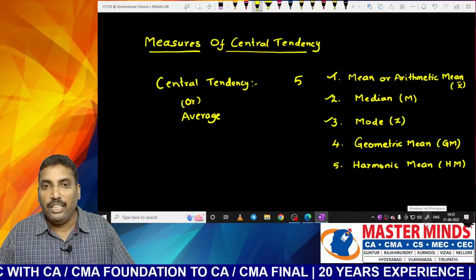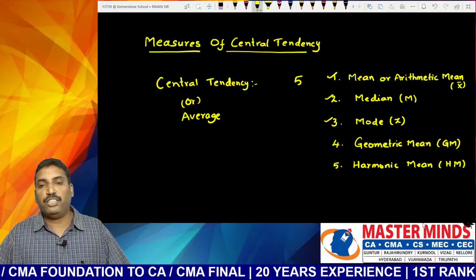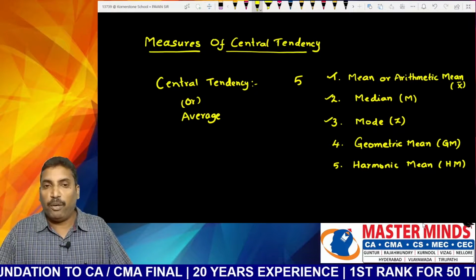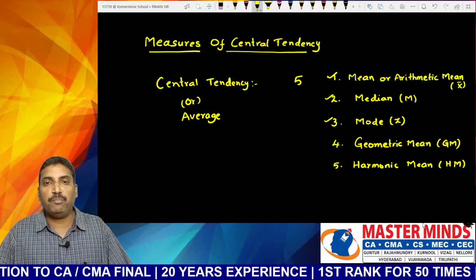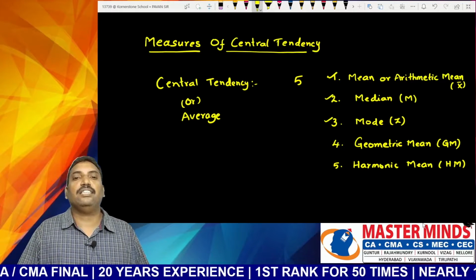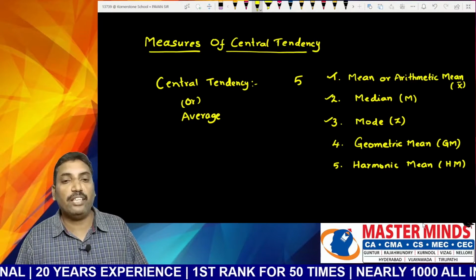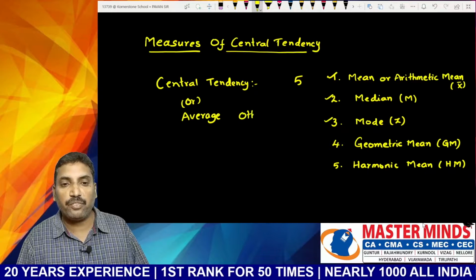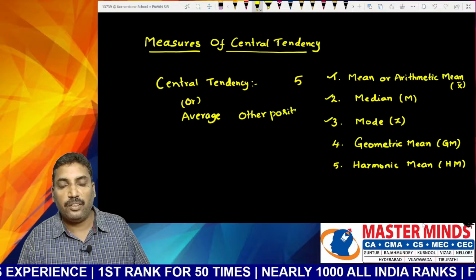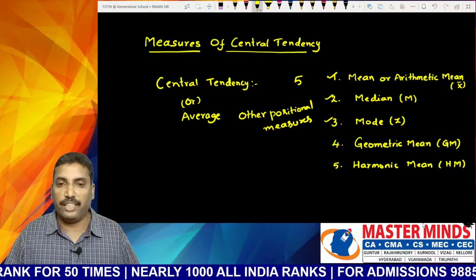In our Masterminds material, the latest 5th edition, we divided this entire chapter into 2 parts: measures of central tendency part 1 and part 2. In part 1 we discuss arithmetic mean and median, and along with median we have other positional measures like quartiles, deciles and percentiles.